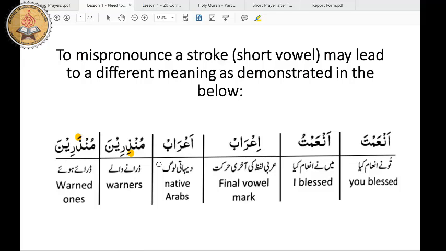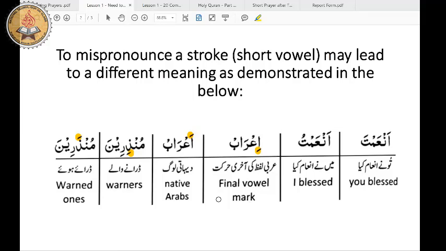Now for the next, the alif has a stroke. It has a fatha, and if you say a'rab, it means native Arabs. And if you say it with a stroke underneath the alif, which is a kasra, then it's i'rab, and it means final vowel mark.